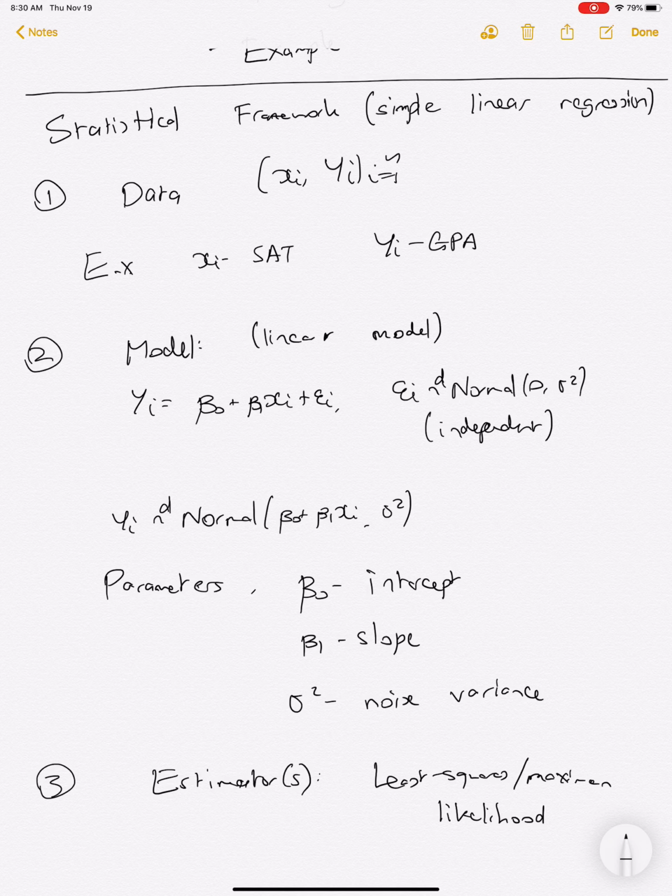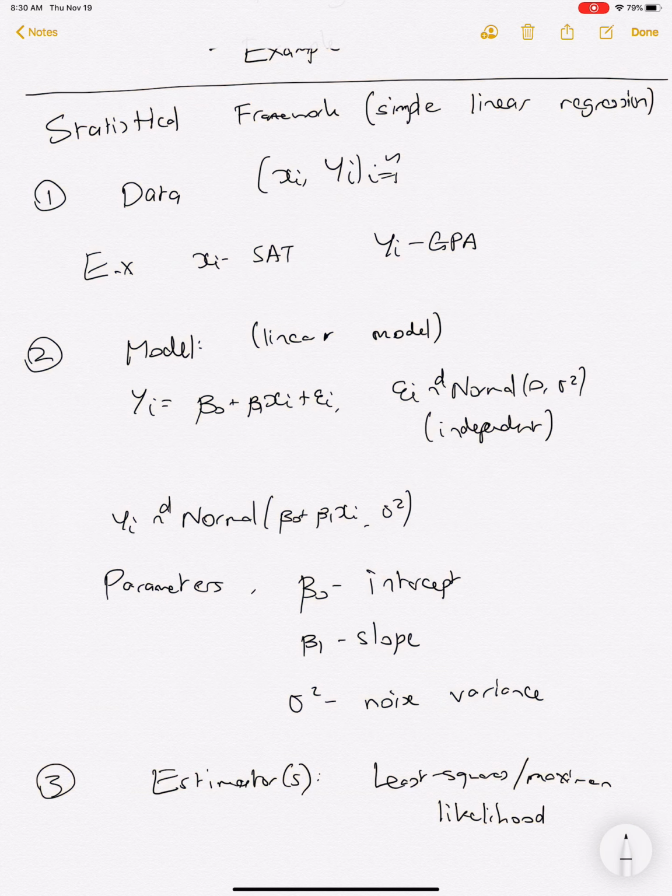It's linear because we assume a linear relationship between the covariate and the response, the dependent and independent variable. And we assume throughout that the noise here is normally distributed with mean zero and variance sigma squared. We don't have to assume that to get a regression line, but we are going to assume that, and that's going to be important when we talk about the distributions of these parameters.